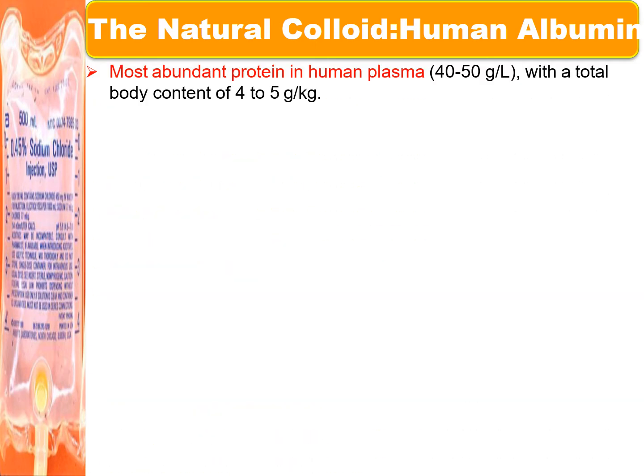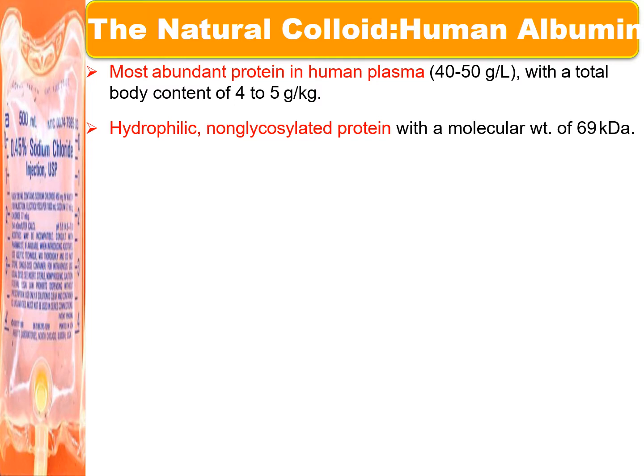The human albumin is the most abundant protein in human plasma, that is 40 to 50 gram per liter, with a total body content of 4 to 5 gram per kg. The second important fact: the human albumin is a hydrophilic, non-glycosylated protein with a molecular weight of 69 kilodalton.